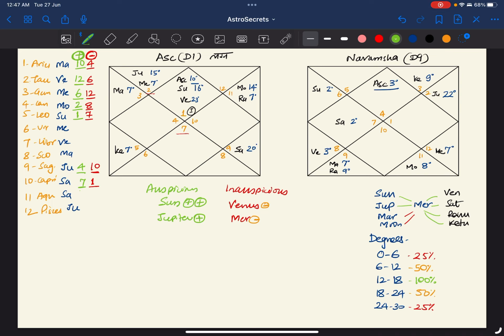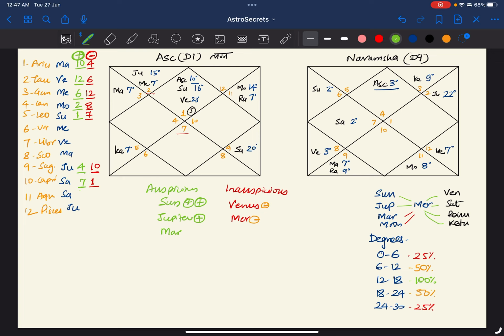Okay, then next we have Mars itself, who is sitting in the third house and third sign, which is Gemini, right? Gemini sign is of Mercury, so although the house is of an enemy, Mars will be considered auspicious because, one, it is the ascendant lord itself.